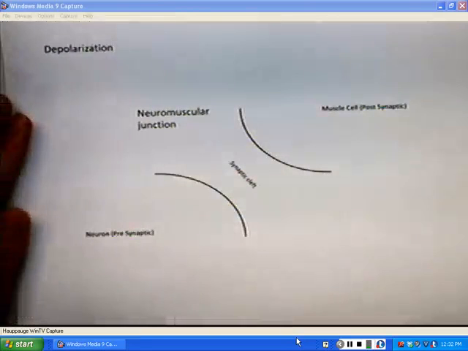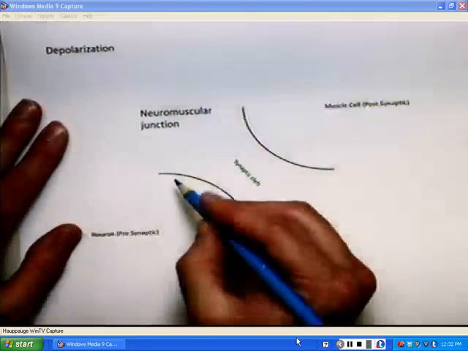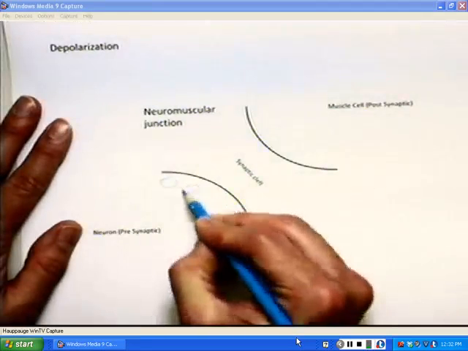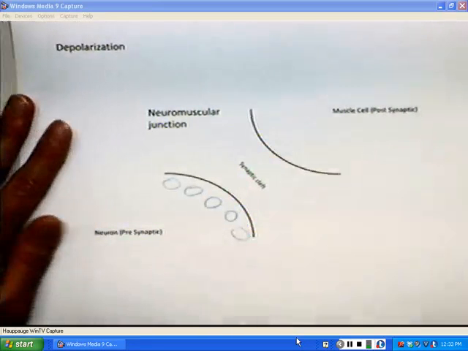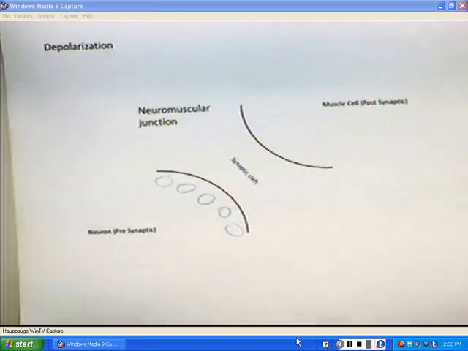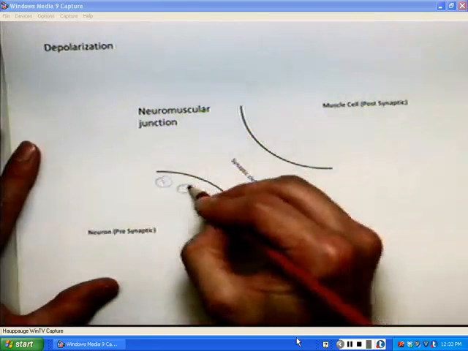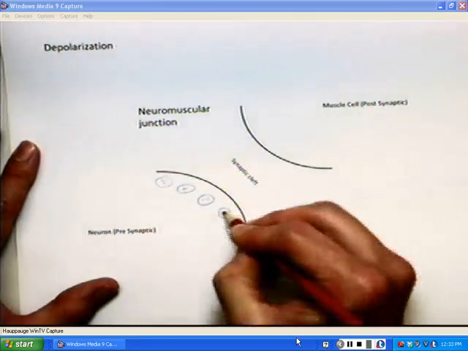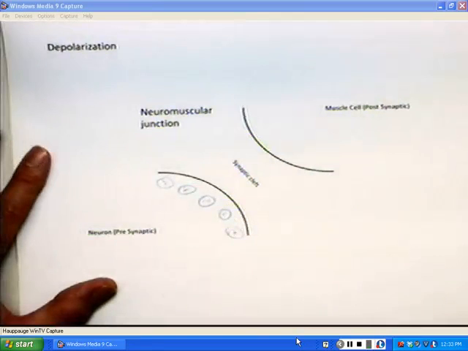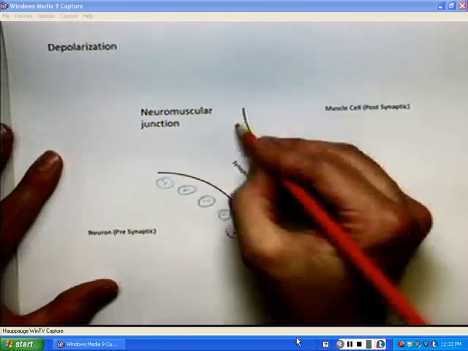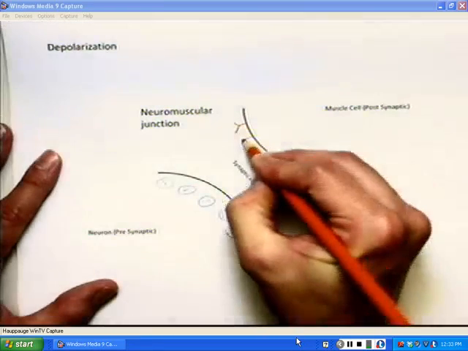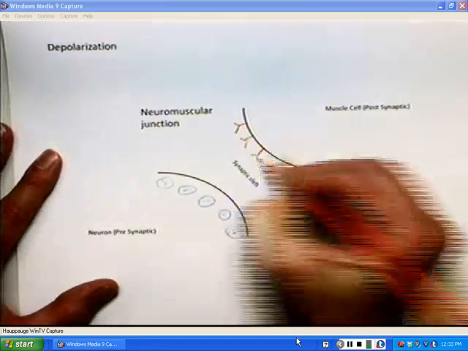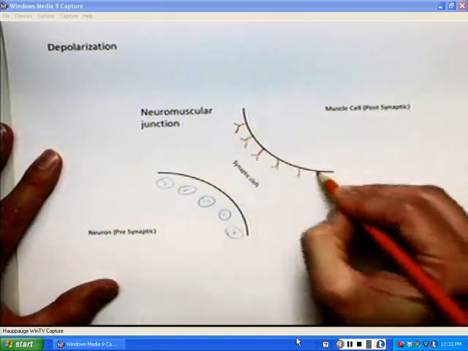Now that the cell has been polarized, we again want to draw in our nice little acetylcholine vesicles that have acetylcholine in them. And we're going to have these guys here. And then we have our acetylcholine receptors, sometimes called nicotinic acetylcholine receptors.